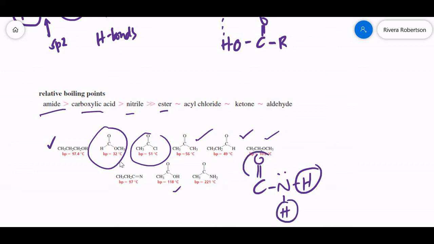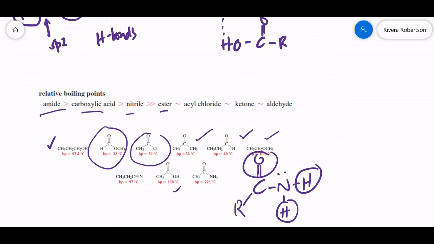And at the same time, you also have an acceptor, the C double bond O. This oxygen, the carbonyl oxygen, can accept a hydrogen. Another factor which affects the higher boiling point of your amide is its resonance structure.